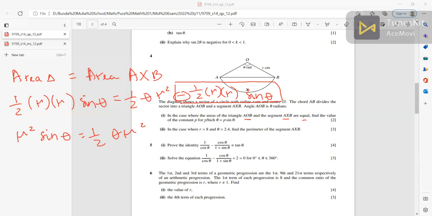So it asks us to find constant P. So the R squared sine theta equals to half. The theta we change into P sine theta. P sine theta R squared.